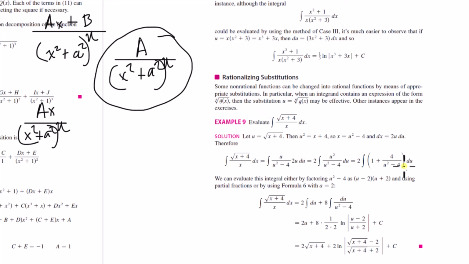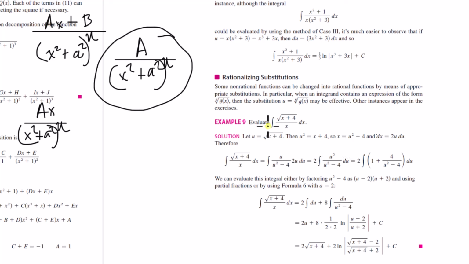Well, if you say that u is equal to the square root of x plus 4, then u squared is equal to x plus 4, so x is equal to u squared minus 4, and so now you get dx. dx is equal to 2u du, and so now you make the substitution, and you get this. And now you can solve it, right?